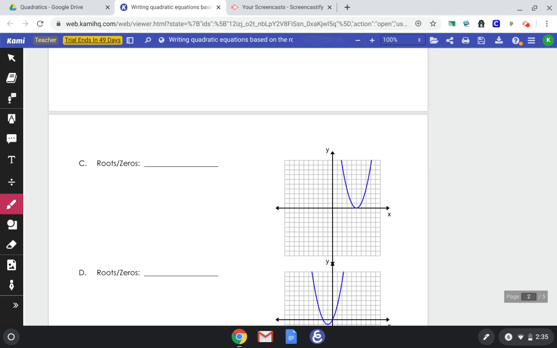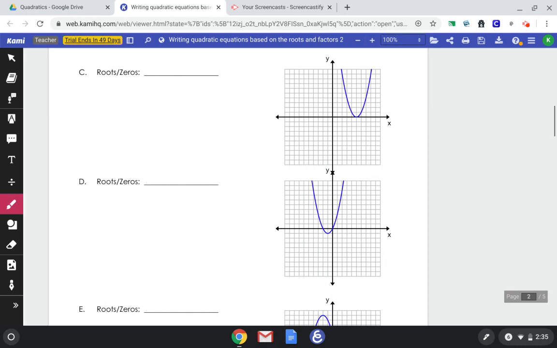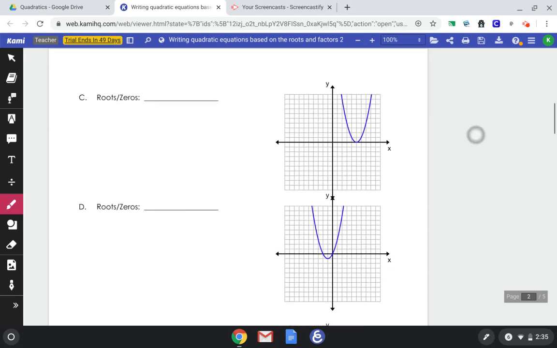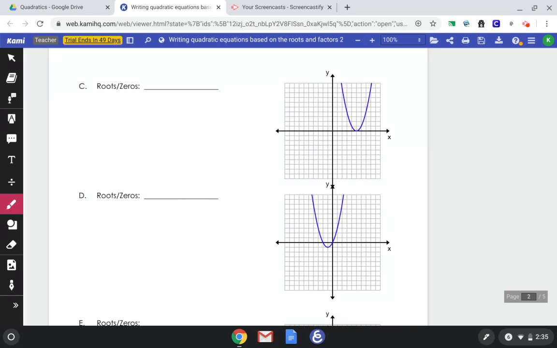All right, if we look at letter C, I notice this time I only have one root, 5. Okay, so it's a quadratic, so I know that I still have to have two factors. So I'm going to think y equals x minus 5 times x minus 5.